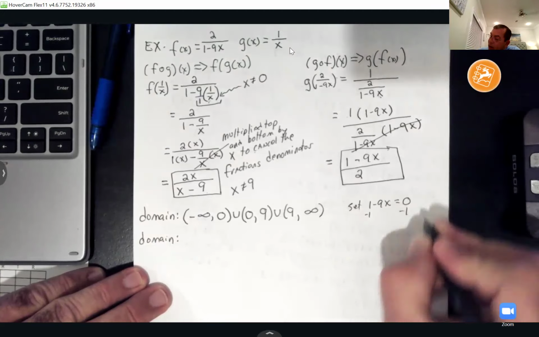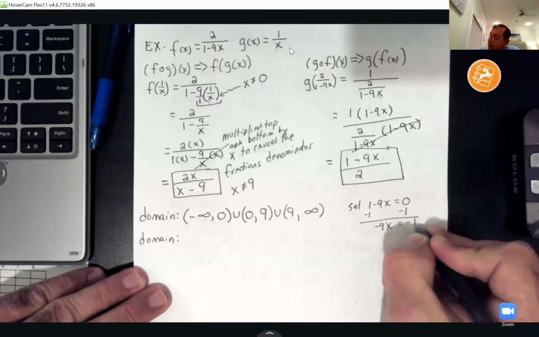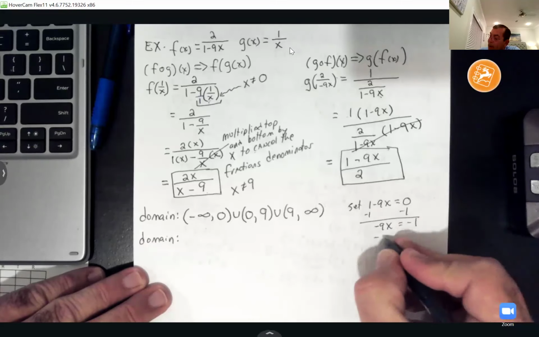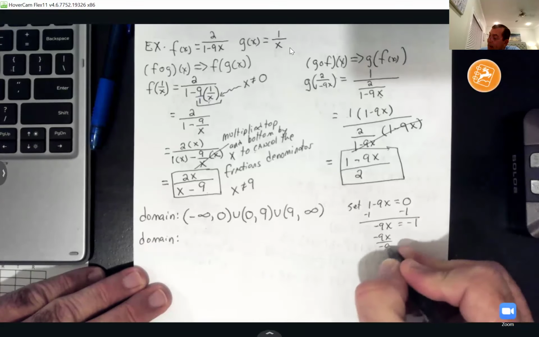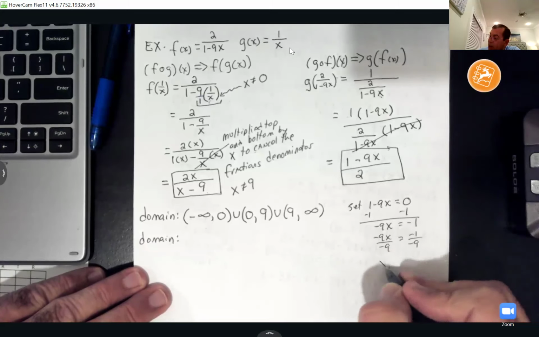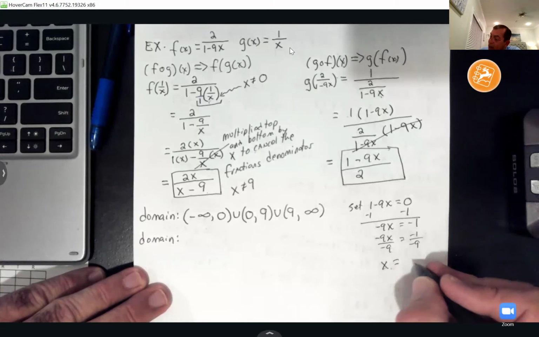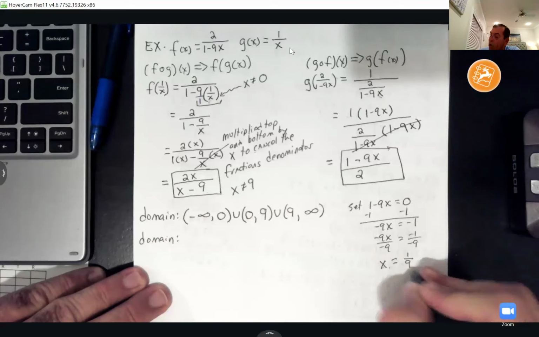So here I'm just going to subtract 1. I get negative 9x equals negative 1. Divide both sides by negative 9. Look, negative divided by negative makes that a positive, so x equals 1/9.